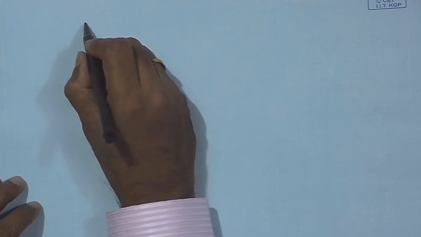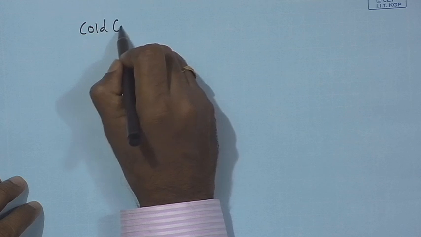Now, let us look at the schematic of cold cathode ionization gauge.